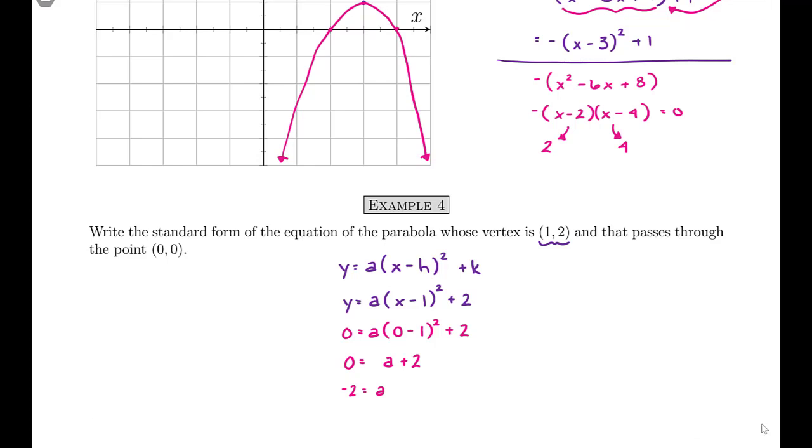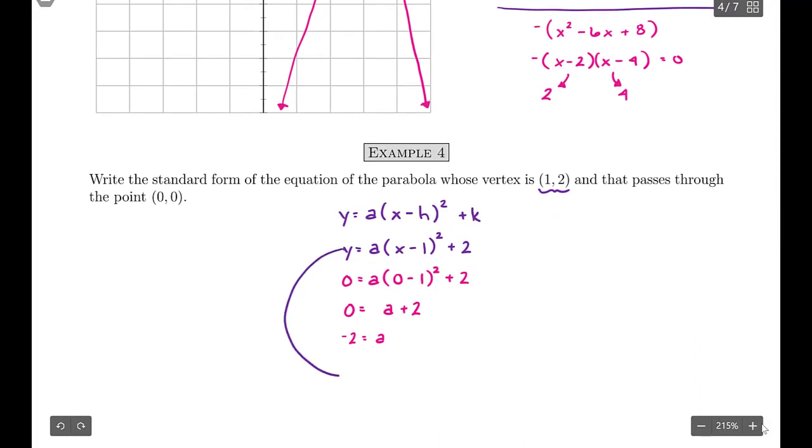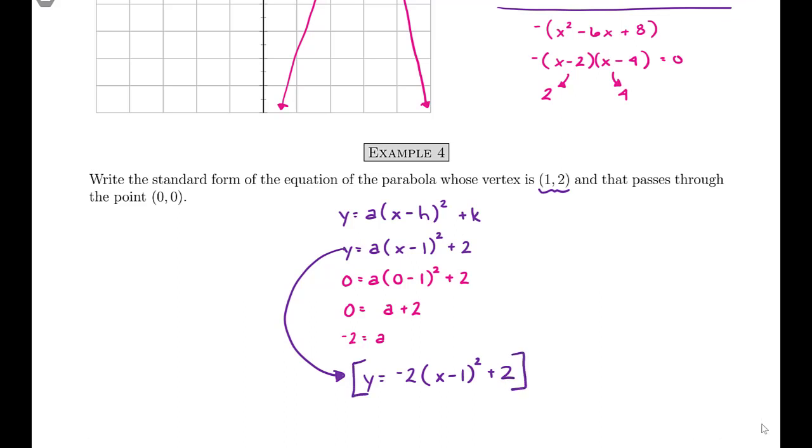So to write this in vertex form, I replace a with negative 2, and I have y equals negative 2 times x minus 1 quantity squared plus 2. That is the form of the parabola with the vertex at 1, 2 that passes through the origin at 0, 0.